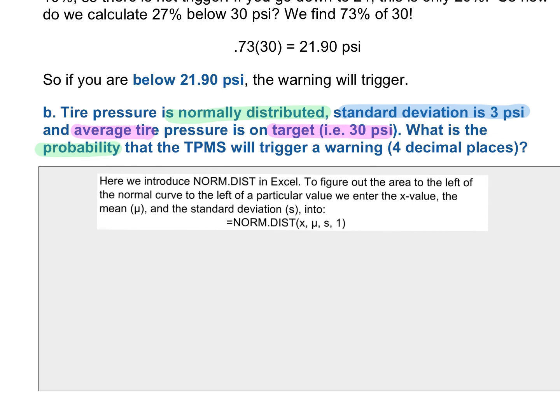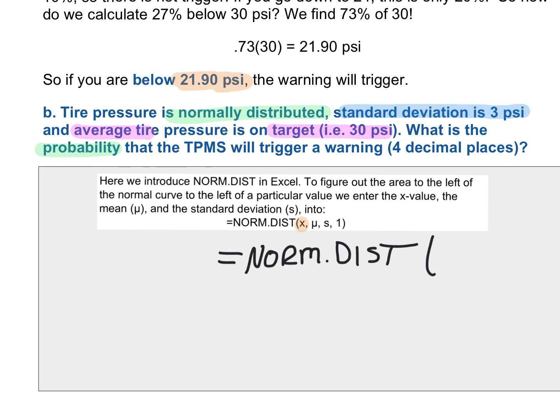And so what is given to me in the formula? Again, I'll be typing into Excel in a second, NORM.DIST, and then what are the individual pieces that I'm trying to determine from this problem? Well, the X value, so the data value in this particular problem, since we are looking for the probability that it'll trigger, we're going to use that value that we just got in part A of 21.90.